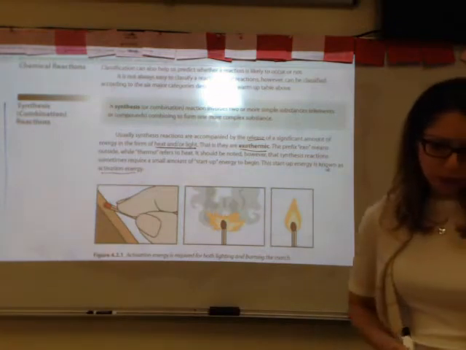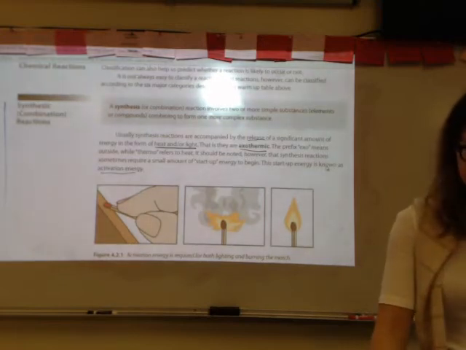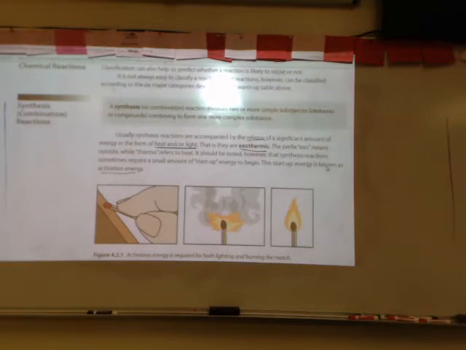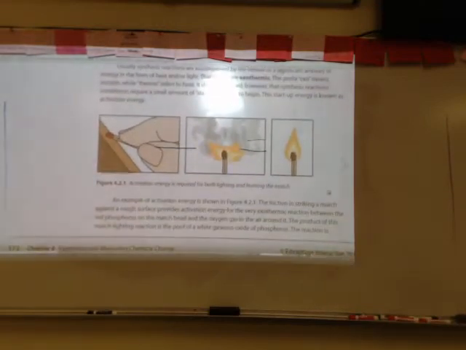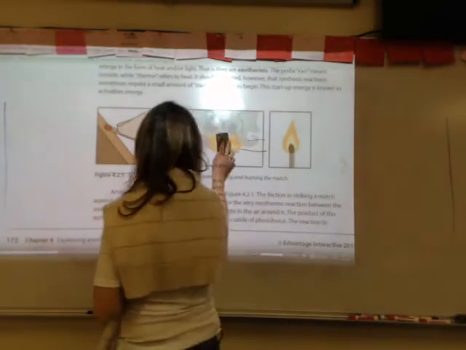So if you're going to light and burn a match, activation energy is required for both of those processes. Striking a match against a rough surface is going to provide activation energy for this exothermic reaction between red phosphorus that's on this match head and the oxygen that's in the air.